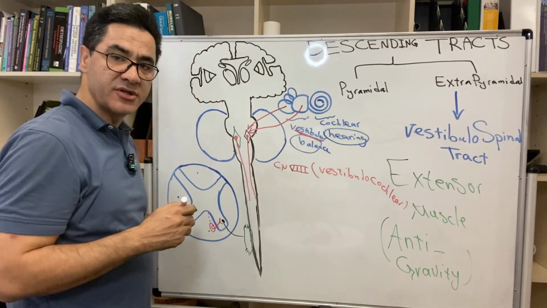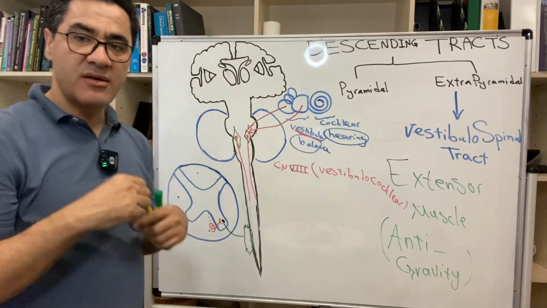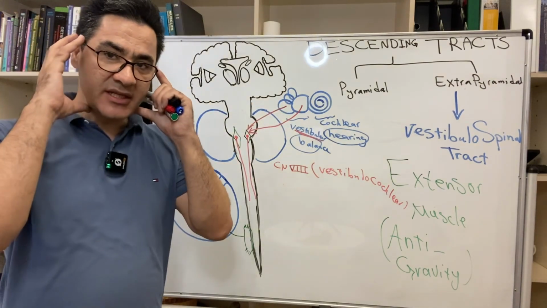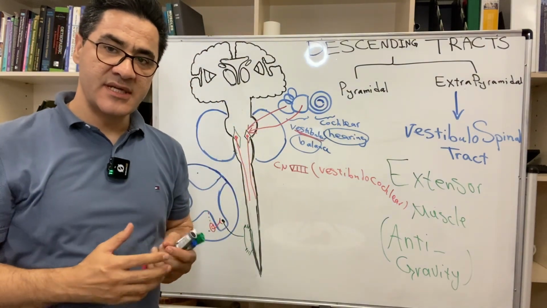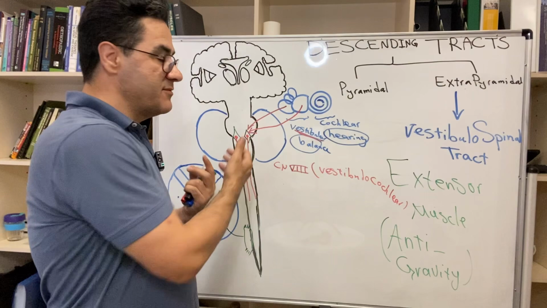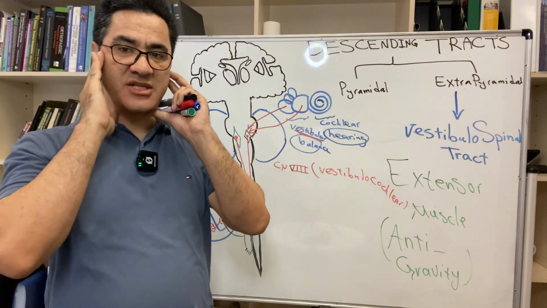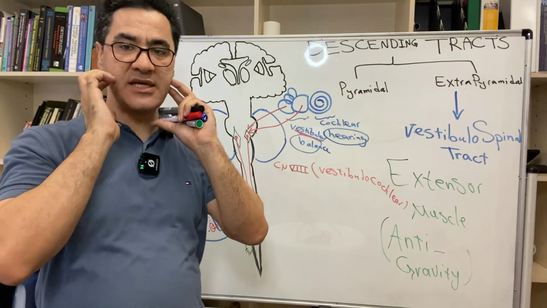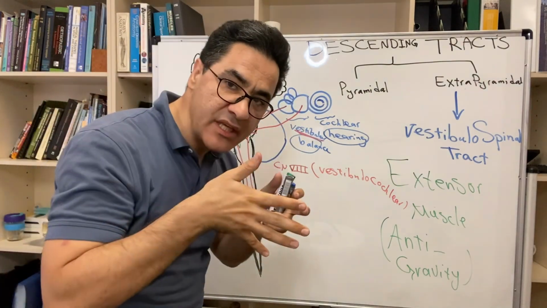So it's carrying the information from the inner ear, mainly the vestibular part of the inner ear, and is stimulating the vestibular nucleus. So which information is coming from the inner ear? The inner ear tells the vestibular nucleus about the position or posture of the head and neck. When you are losing your control, your head and neck are moving.